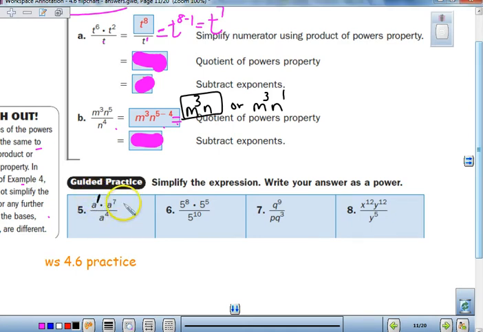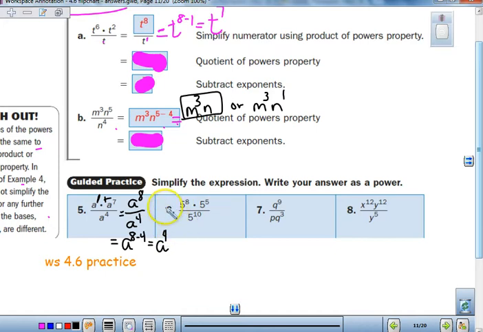I'm going to put in a 1. First thing, since they both have the same base, I'm going to rewrite that as a to the 8th, 7 plus 1, divided by a to the 4th. Since the base is the same, I'm now going to use my quotient rule. It says I can take 8 minus 4 to give me a to the 4th power.